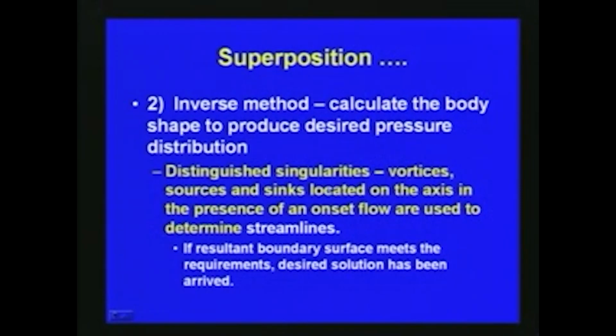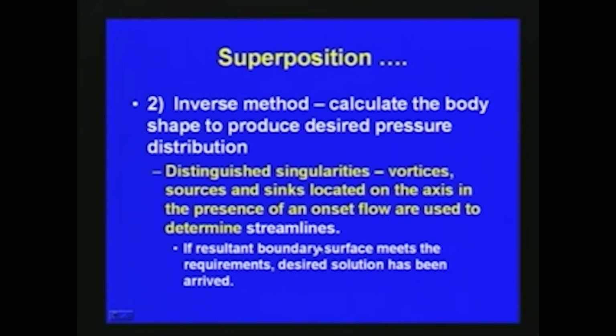First we determine the pressure distribution, and then from the singularities of vortices, sources and sinks, we determine the streamline. That is why it is called the inverse method. In both the direct and inverse methods, if the resultant boundary surface meets the requirements, the desired solution has been arrived.